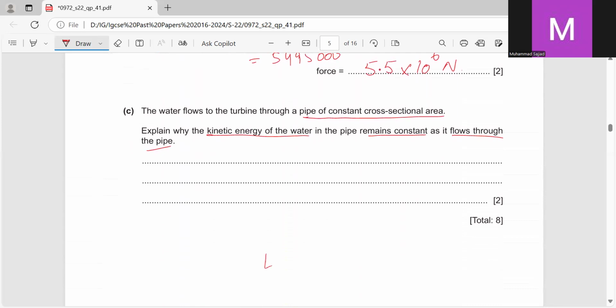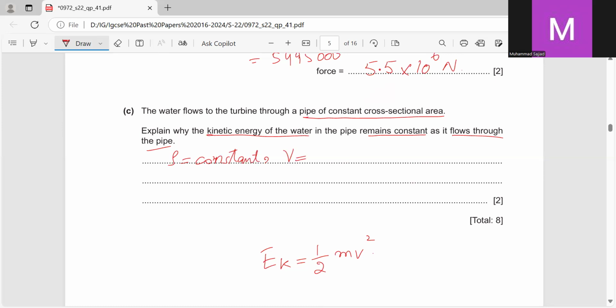So what is the equation for kinetic energy? EK is equal to 1 over 2 mv square. Now, the density of the water in the pipe is constant, even in the whole dam, the storage reservoir for water. Density is constant.